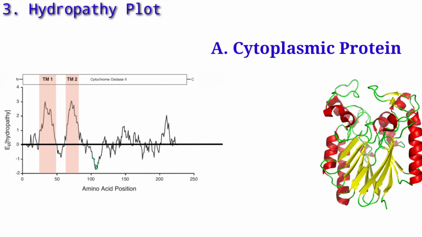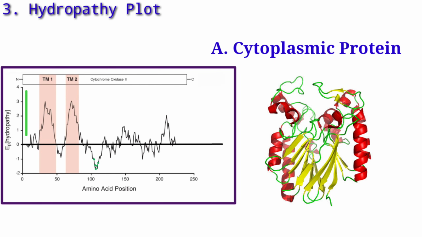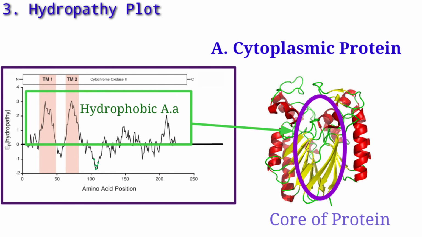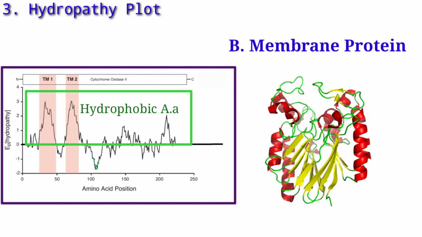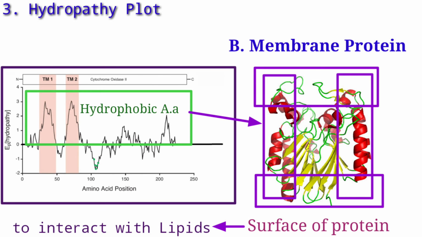In the case of a cytoplasmic protein, on the basis of the plot information, this section will be the core of that protein, and in the case of a membrane protein, this section will be at the surface of the membrane protein. Why? Because on the membrane they have to interact with hydrophobic lipid molecules.